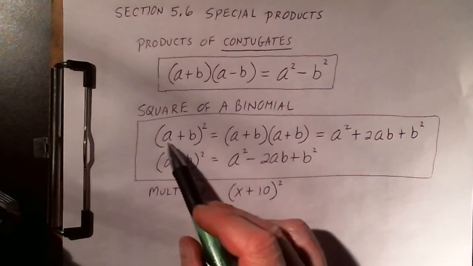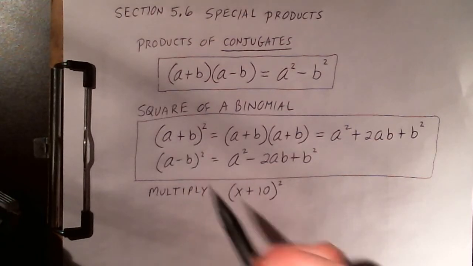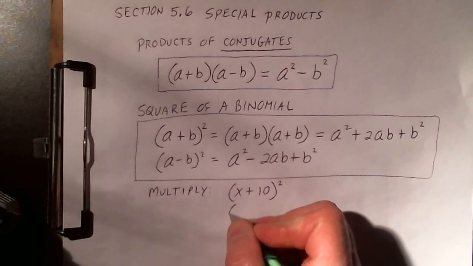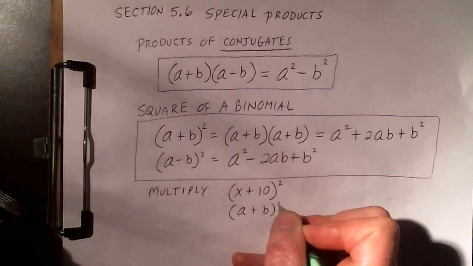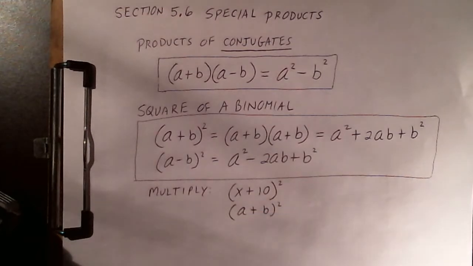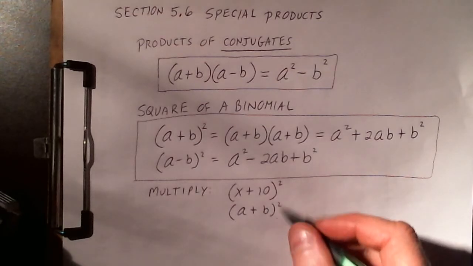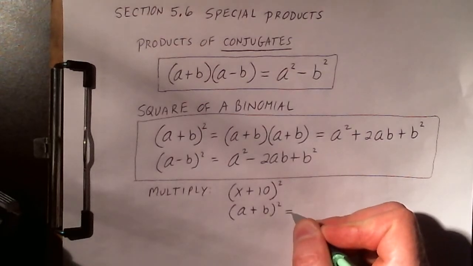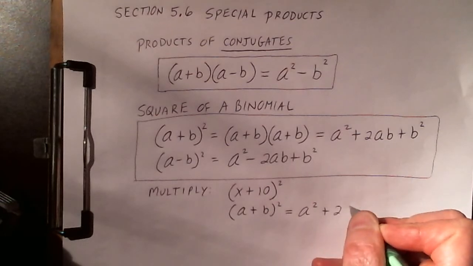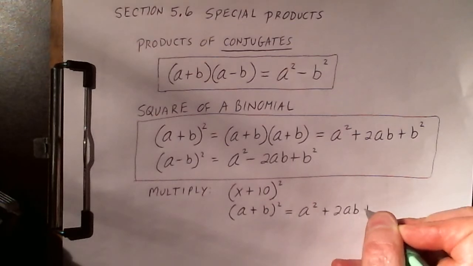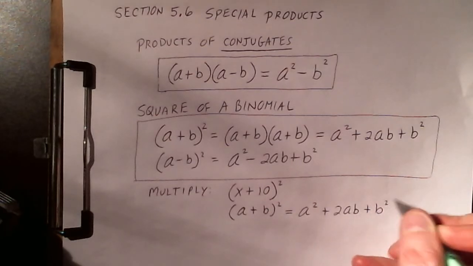So if you look at this pattern above here, a plus b squared, I'm going to put the pattern right below so that we can see how to tackle this. You've seen above that when you take a plus b and square it, the product is going to be the first term squared plus 2 times the first times the last term plus the last term squared.